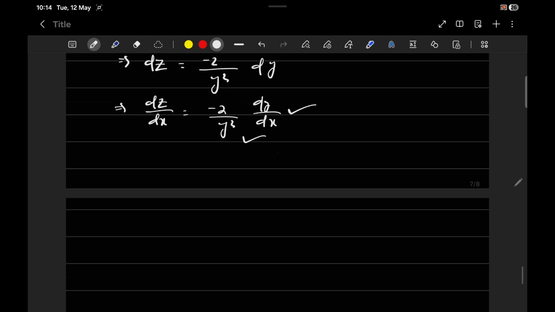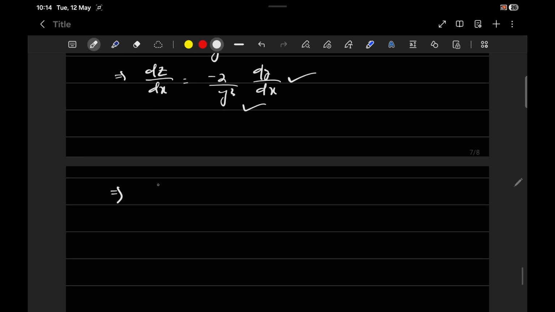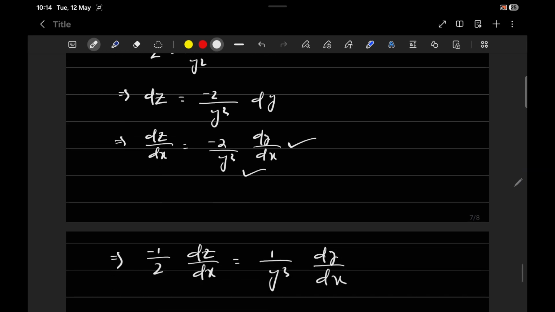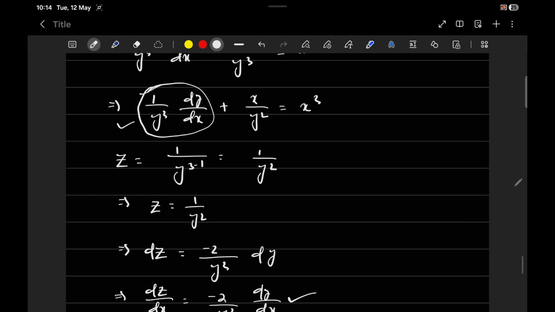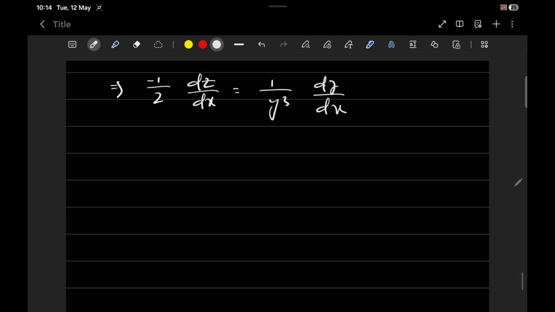We can do that by dividing by minus 2 here, and voila, our term is here. 1 by y cube dy by dx. So now we can substitute this in the place of this.